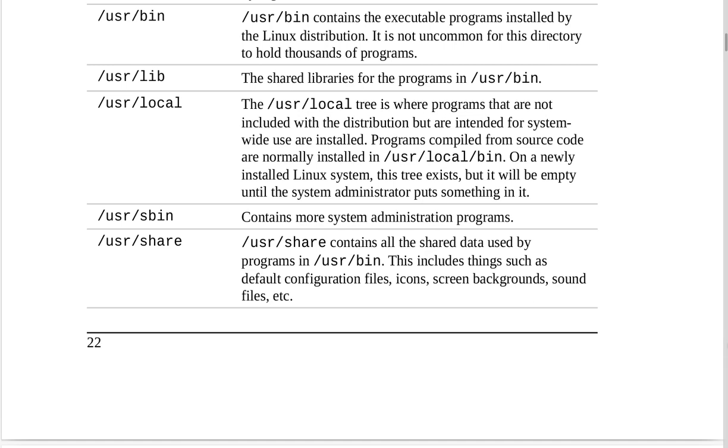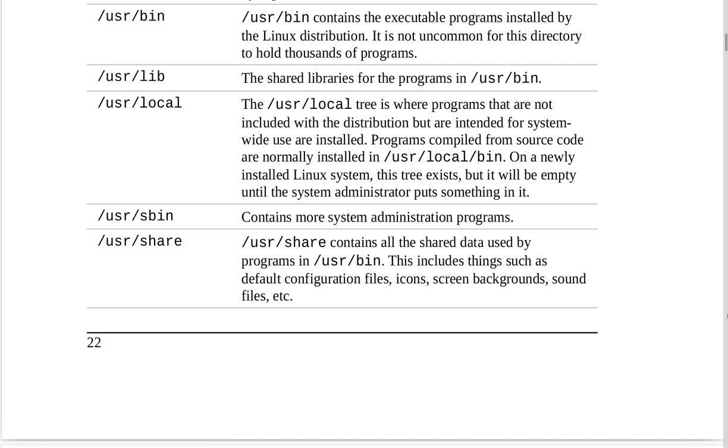/usr/local. The /usr/local tree is where programs that are not included with the distribution but are intended for system-wide use are installed. Programs compiled from source code are normally installed in /usr/local/bin.